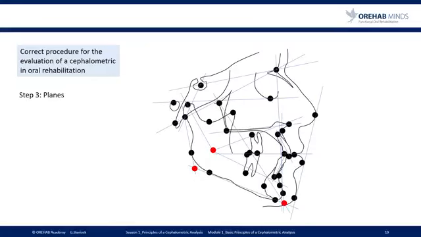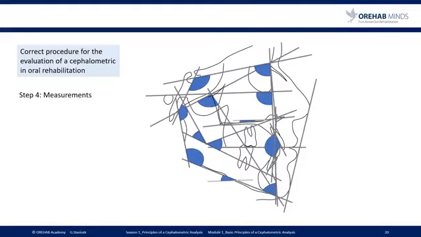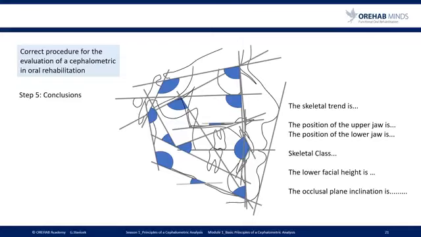Third, now we can leave the Ceph and focus only on the tracing, and we trace planes. These planes are also exactly defined in the literature, something we have to learn. And then between the planes we can measure particular angles defined exactly in the literature, and based on these measurements we can draw our conclusions.